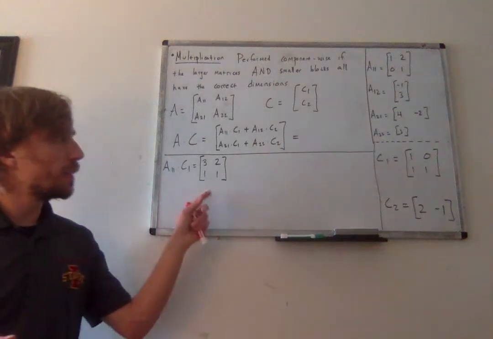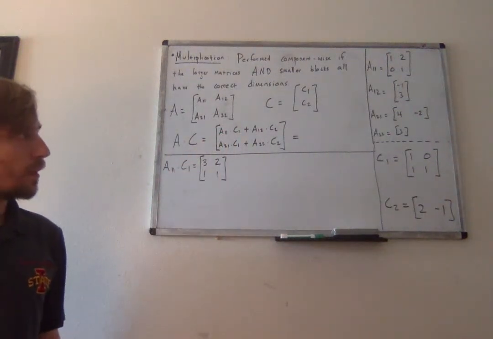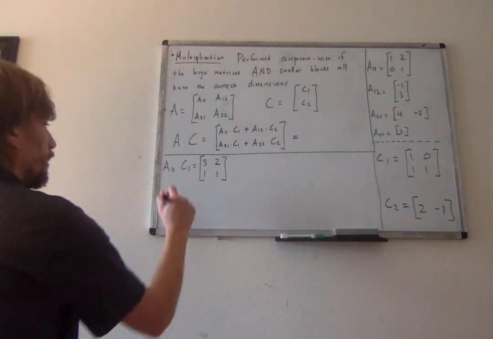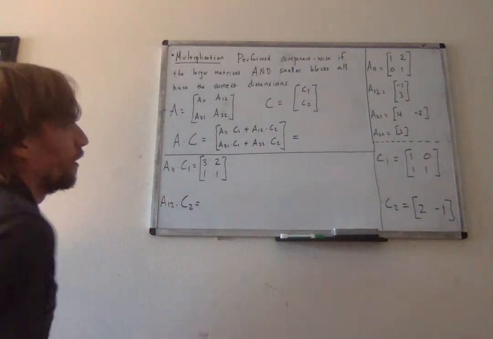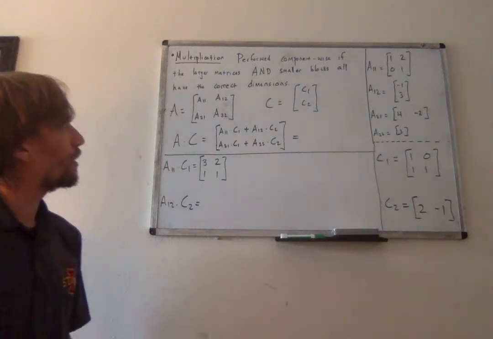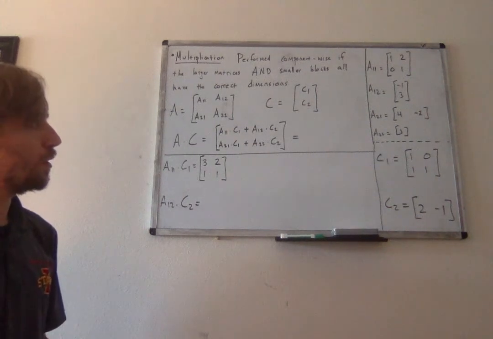So there's A11 times C1. So next, A12 times C2.